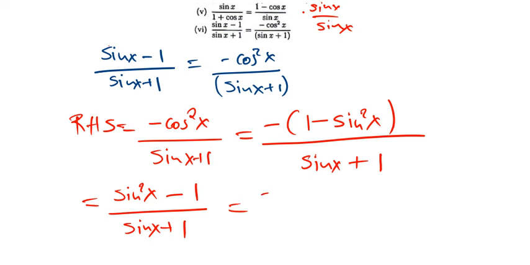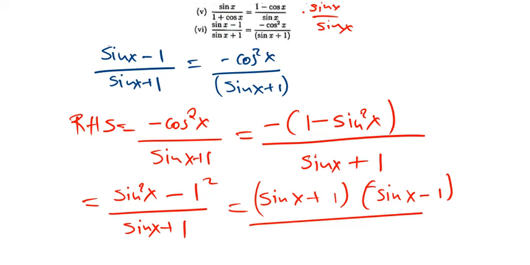And then the difference of two squares again, sine x plus 1, sine x minus 1. On the denominator we have sine x plus 1. So what are we seeing there?